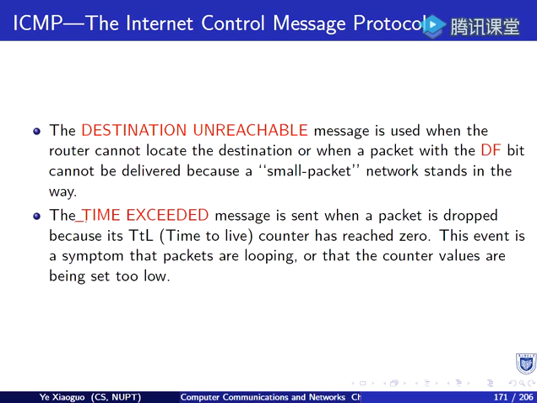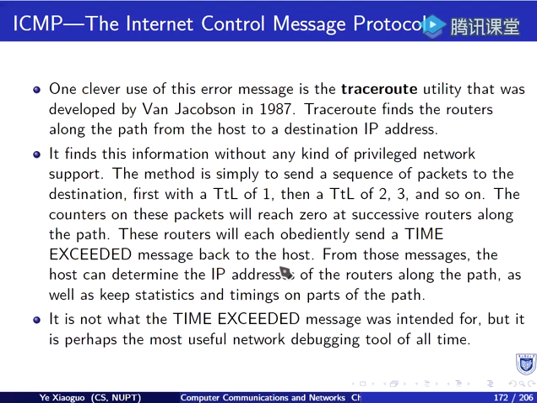And the time exceeded message is sent when a packet is dropped because its TTL counter has reached 0. This event is a symptom that packets are looping, or that the counter values are being set too low. This is time exceeded.